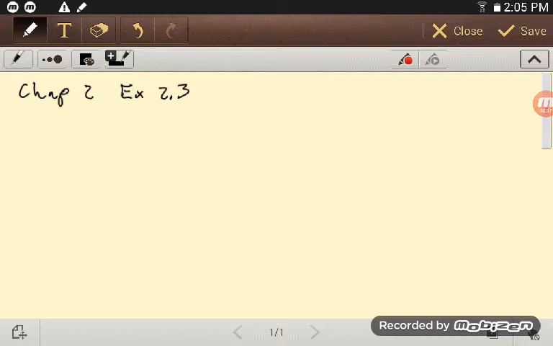But in 2.3 we're doing this break-even analysis. Now typically I know that means when you finally become profitable or something like that.